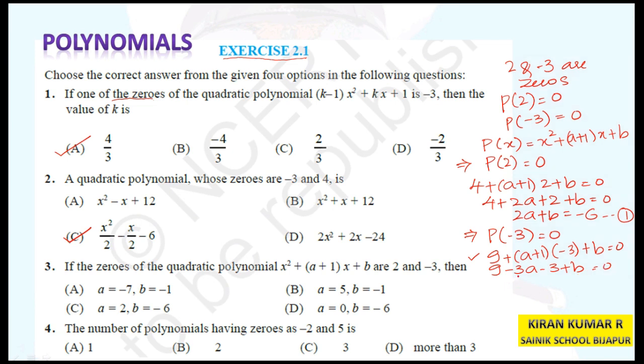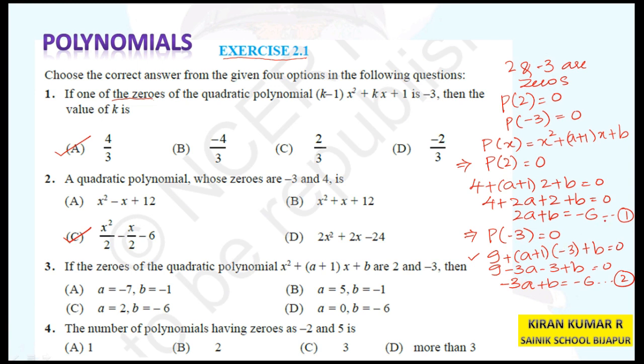Look at this. 9 minus 3 is positive 6. When I transpose this, it becomes negative 6. So the equation will be minus 3a plus b equal to minus 6. This is our equation 2.